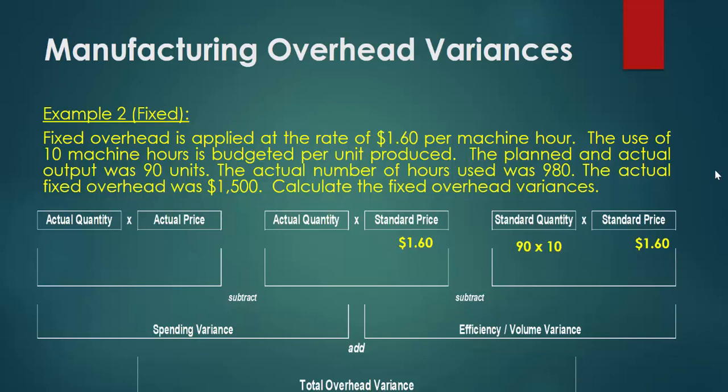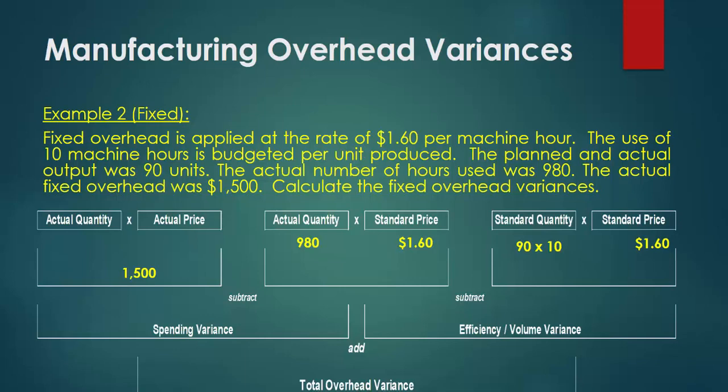Then it says the actual number of hours used was 980. Just as before, it could go in that first subset because there is a space for it, but when you read the next line, it just gives you the total for that whole first subset. It says the actual fixed overhead was $1,500. So I'm able to plug in that total. I don't need to do the calculation.